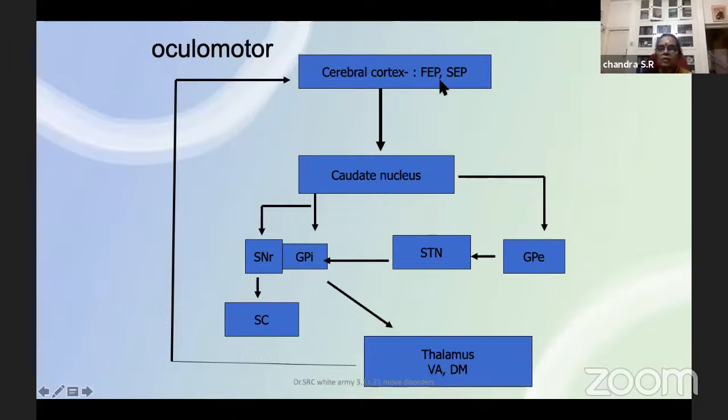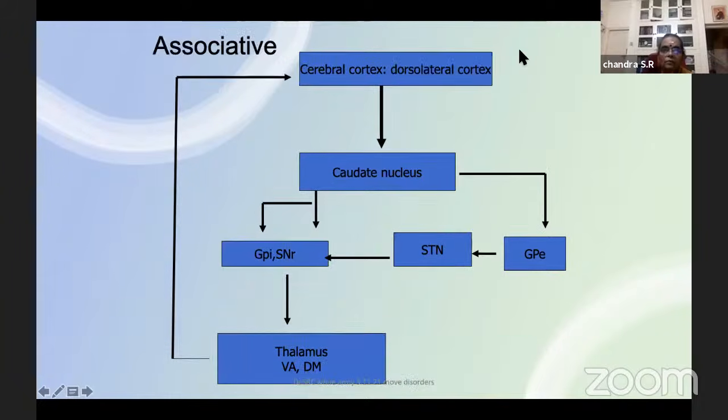Oculomotor is from the frontal eye field and also the parietal eye field. You have got a parietal eye field and a frontal eye field. From there, pallidothalamo-cortical. So the starting area is the eye field, pallidothalamo-cortical is oculomotor. So supposing somebody is asking a question, you can quickly say the area where it starts and ends: start is different, end is the same. So starting is eye field, pallidothalamo-cortical, that is the oculomotor circuit. Then you have got the dorsolateral prefrontal circuit, that is dorsolateral frontal cortex, pallidothalamo-cortical.